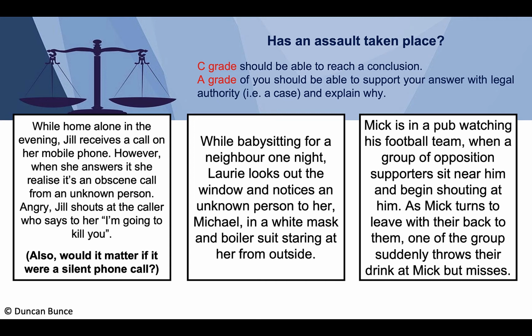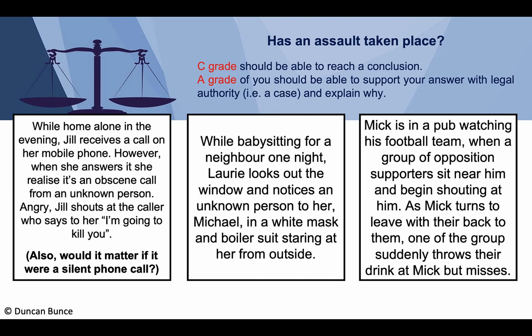So, what do we know about the actus reus and mens rea so far of assault? We know that the person that's making the call here would be the defendant. So calling Jill, the defendant would have to cause Jill to apprehend immediate fear of unlawful violence.